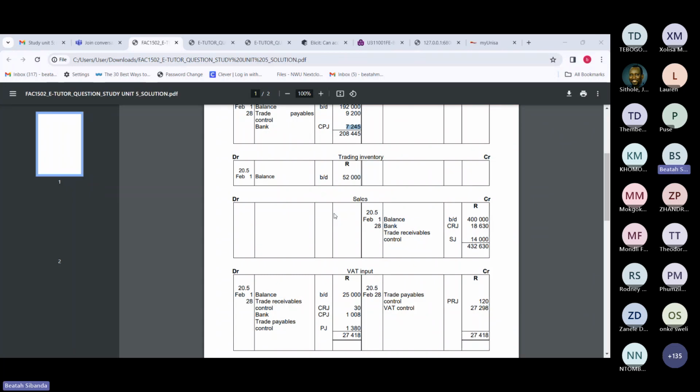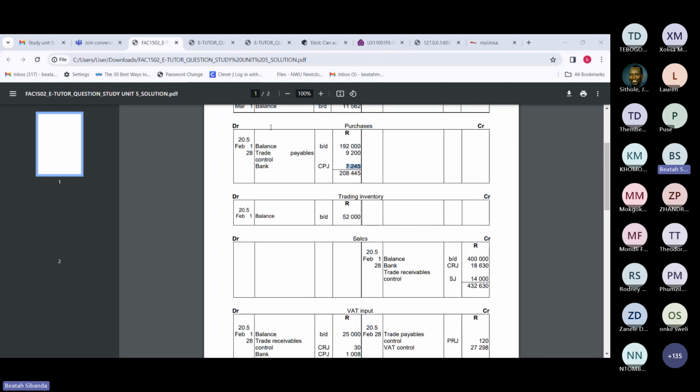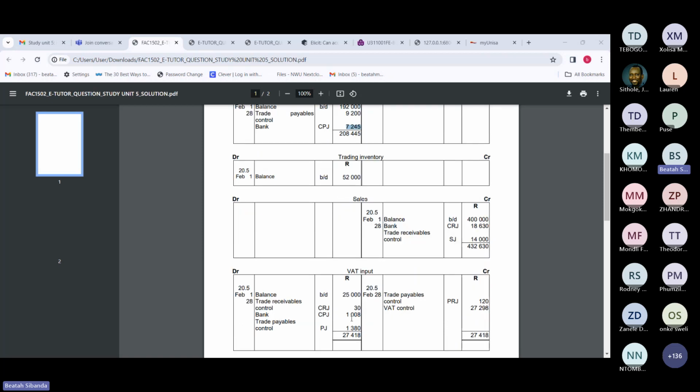Now, on the debit side, the purchase amount is 1,000 rands, but it is made up of two accounts. The first is the purchases account. So we are going to have the 850 here, and then the 150 here to make up the 1,000. Our purchase is still 1,000, but it's split between two legs because we already have the contra, which is the 1,000 that has come out of the bank account.